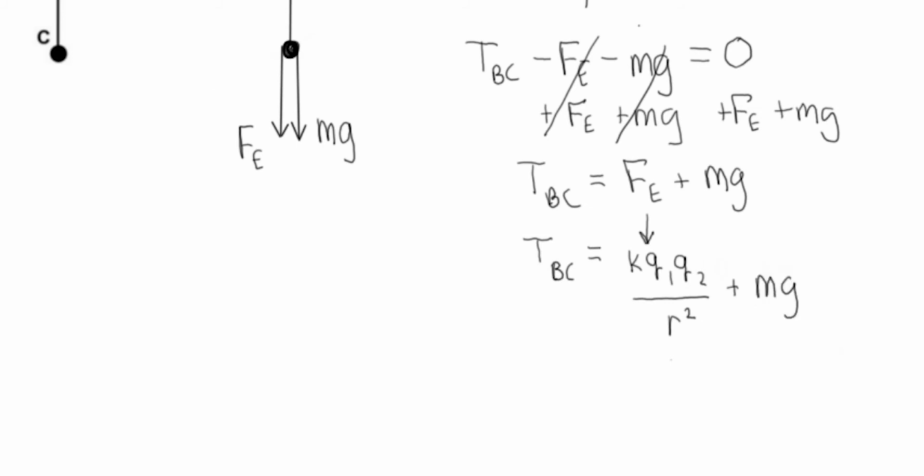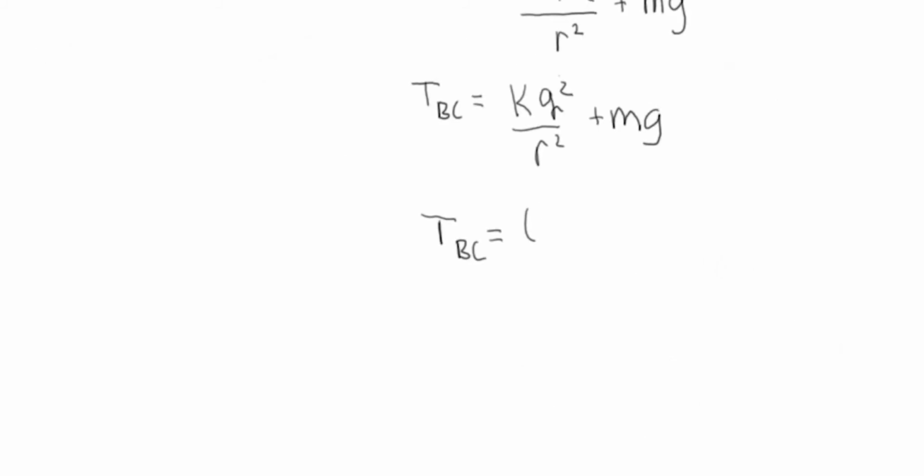Now, we could simplify this a little further because we know both the charges are the same. So I could rewrite this as TBC equals K Q squared, because both Q's are the same, all over R squared, plus mg. Now it's just a matter of calculating. Remember, the electric constant is 9 times 10 to the 9.